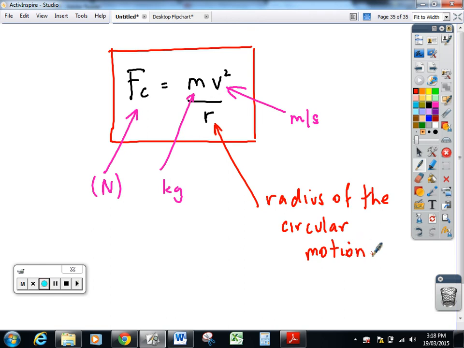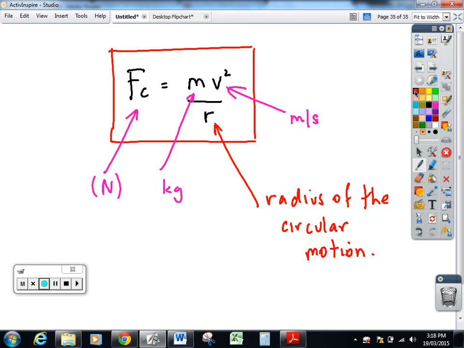Okay. So we have a very simple formula that we can use to work out the amount of push that an object must have to make it go towards that centre. Remember, this force does not make it go faster or slower, but it still accelerates. So this is an example of an acceleration that does not change its speed, but just changes direction.